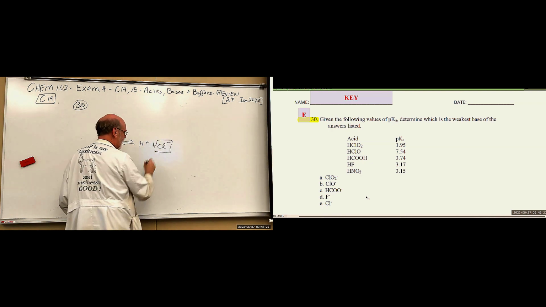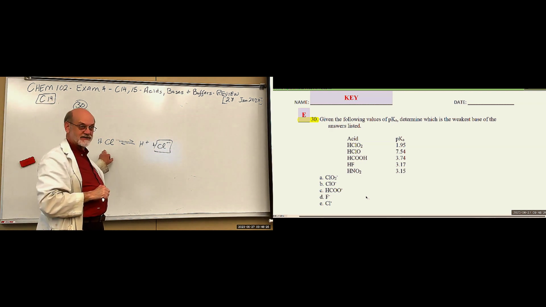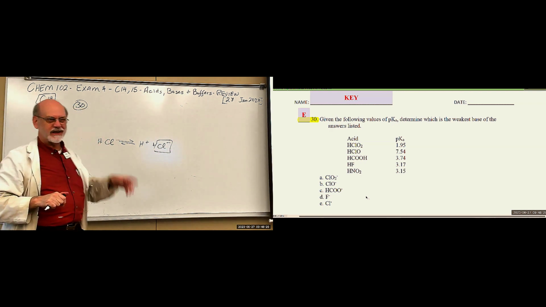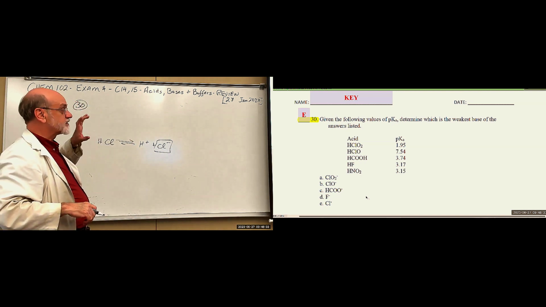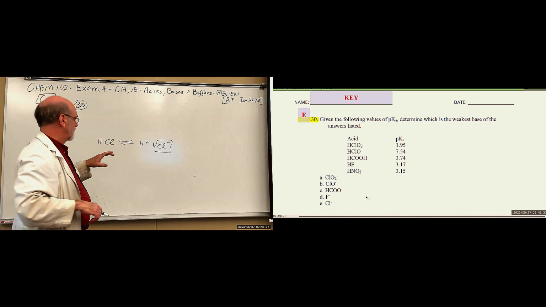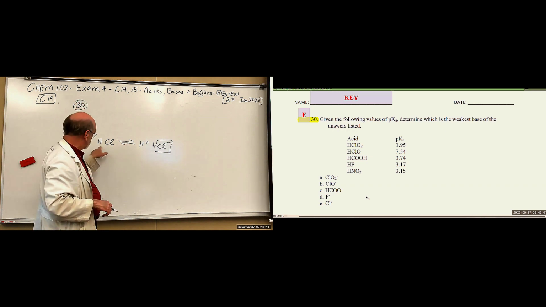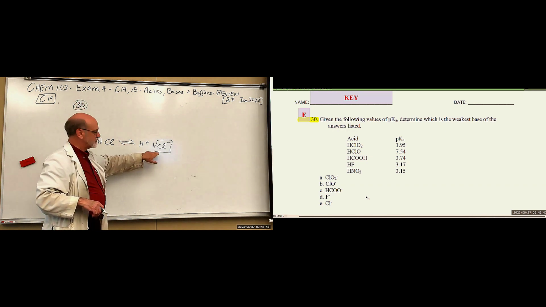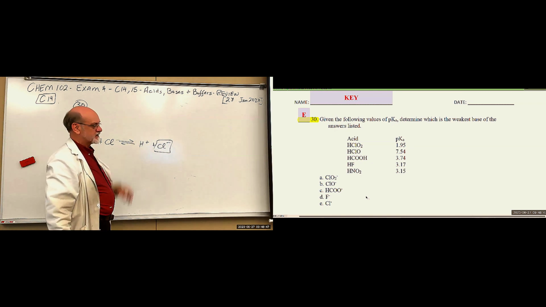And that would be an extremely weak base because it's derived from a strong acid. So that's kind of tricky. If you focus only on that list, then you're going to say ClO2 minus. But if you notice at the bottom, Cl minus is derived from a strong acid. That's a very, very weak base, even weaker than ClO2 minus.